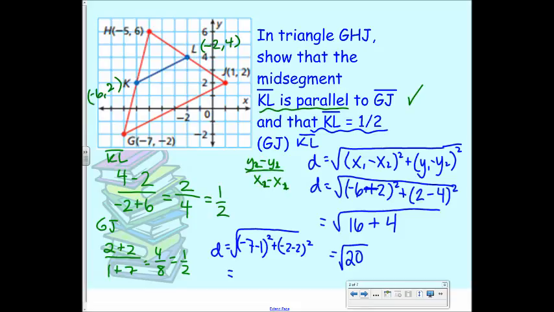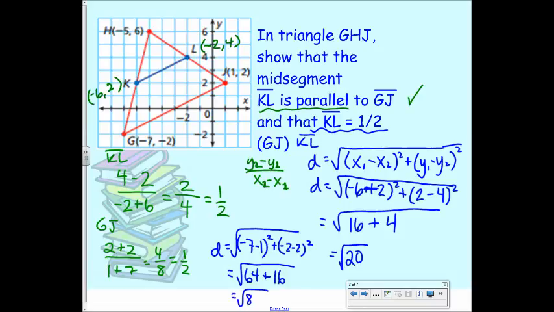Negative 8 squared would be 64. Plus, what's negative 2 minus 2? Negative 4 squared is 16. And that gives you the square root of 80.